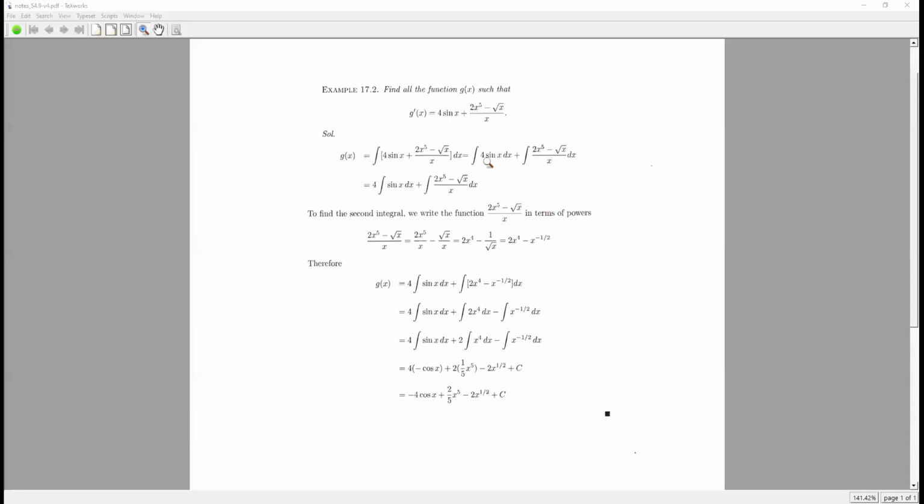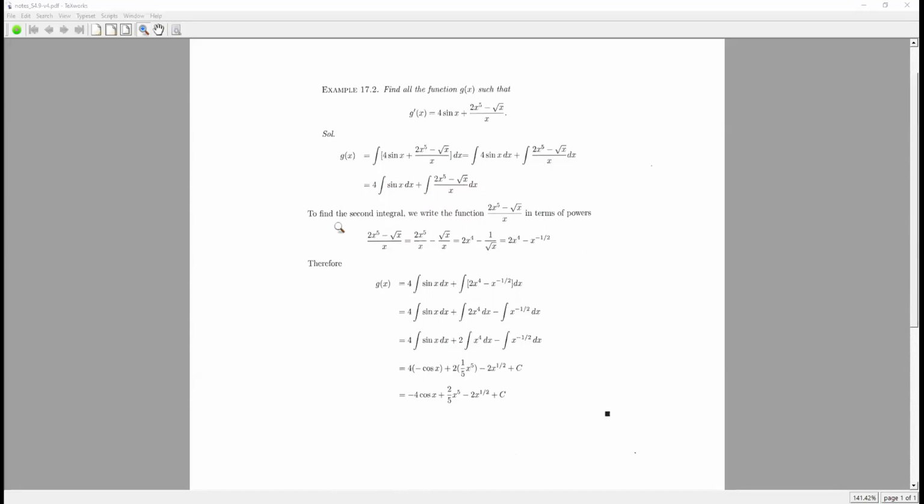Constant 4 times a function: a constant can be moved outside the integral. Then I get this. The first integral here is easy to tell. The antiderivative of sine is negative cosine. But the second integral is difficult to compute.